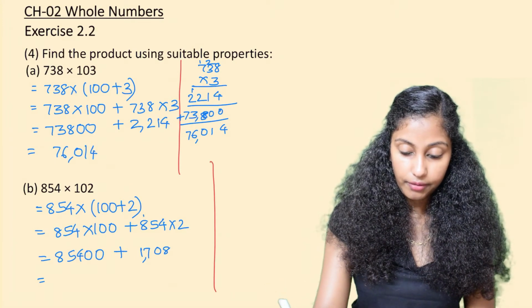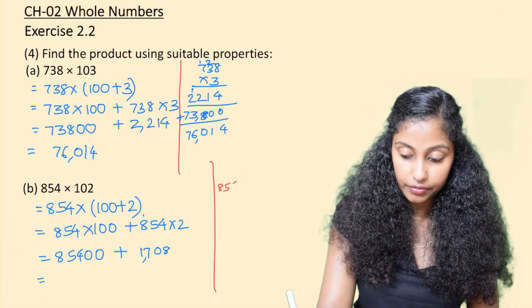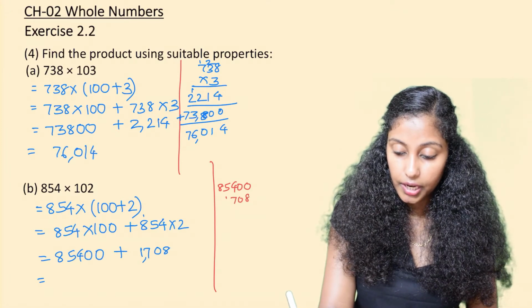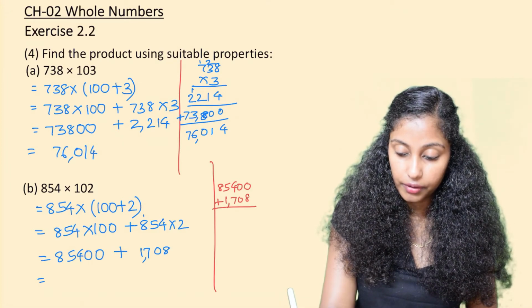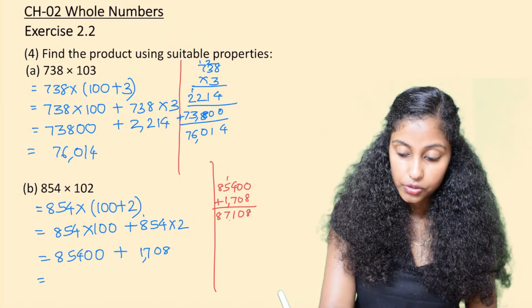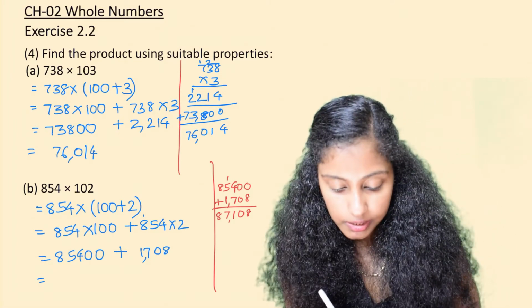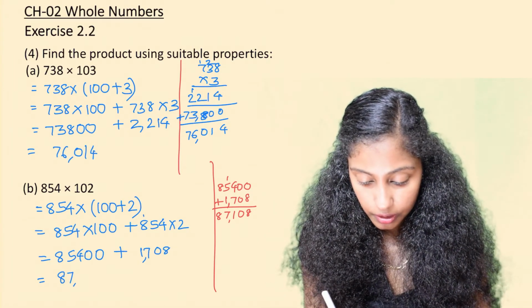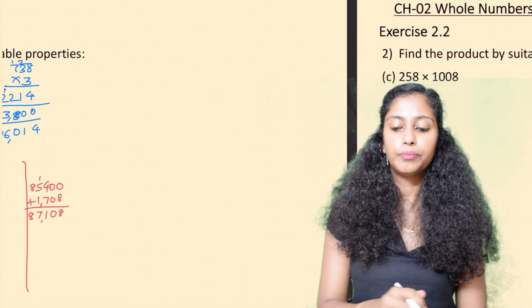So here in the rough column we solve 85,400 and we add 1,708. So we get 87,108 as the final answer.